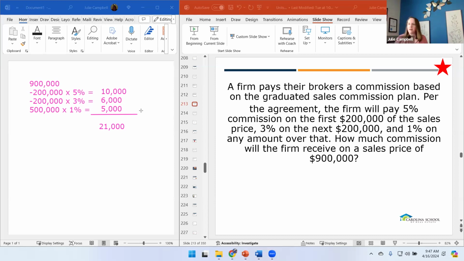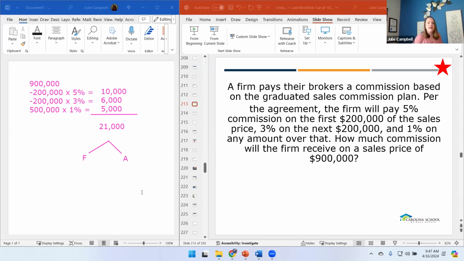It's going to be X amount for part of the sales price, X amount for another part of the sales price. It all starts with the sales price. This is what the firm is going to get. The firm then, like we just saw, may split their commission amongst themselves and their agent.